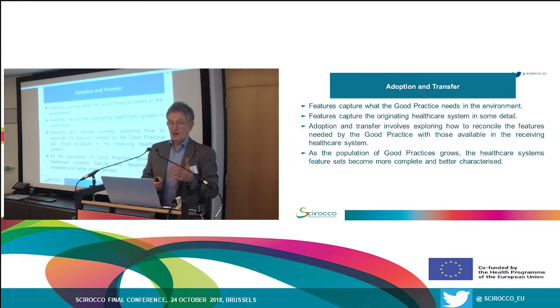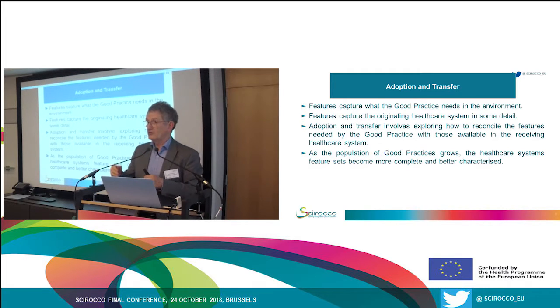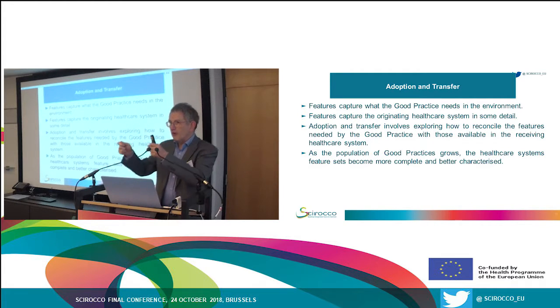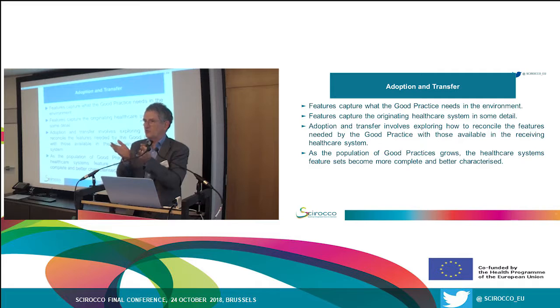And as the population of good practices grows, the healthcare system feature sets become more and more complete, because you're probing them with more and more good practices. As you probe the healthcare systems and ask what the healthcare system provides to support these, you get a fuller and fuller picture in the tool of what the healthcare system is able to support.